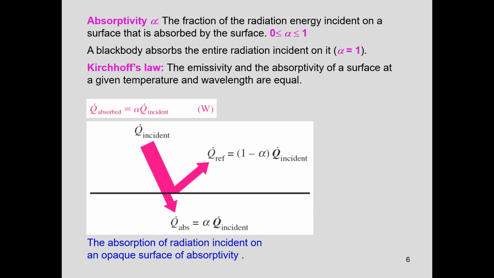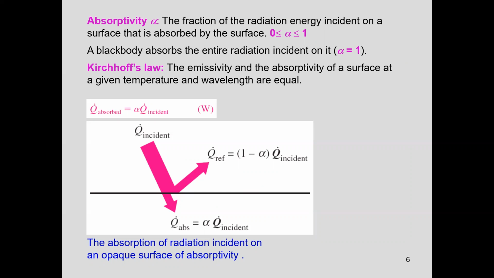The absorptivity is the fraction of the radiation energy incident on a surface that is absorbed by the surface. A black body absorbs the entire radiation incident on it.